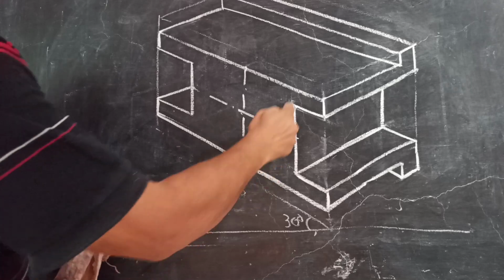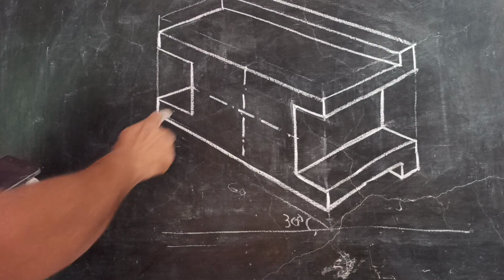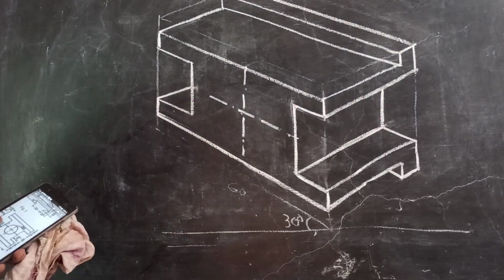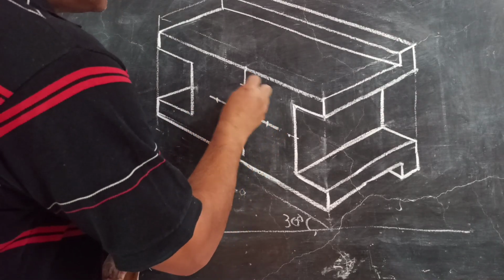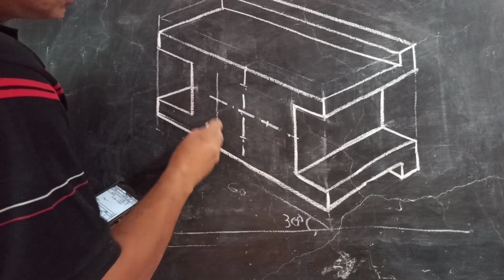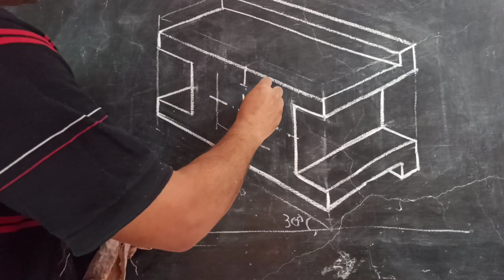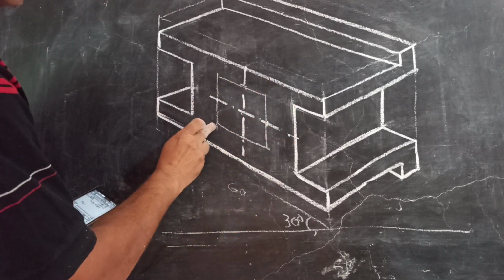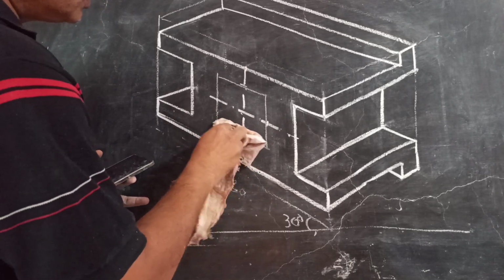This center line must be parallel to this, and the diameter of this hole is 20, so 10 mm on all the sides. You can mark the points and draw the rhombus. This line must be parallel to this line, this line must be parallel to this, and this line must be parallel. So all these sides must be parallel to each other.